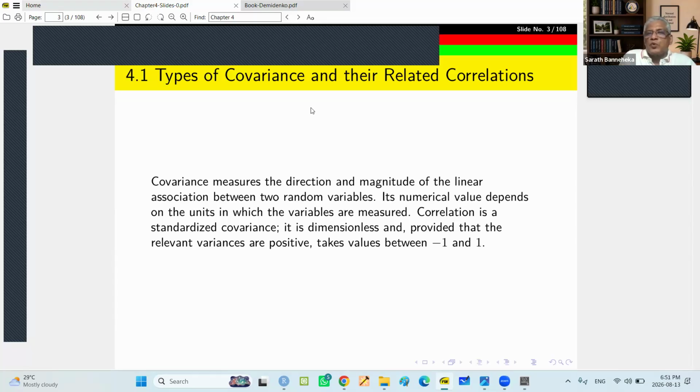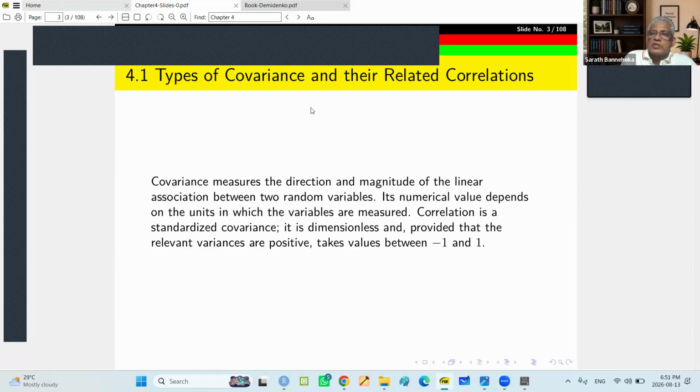So if you have two data sets with different units, it will be difficult for us to compare the covariances. As a solution to this problem, when you want to talk about the direction and magnitude of a linear association between two variables, we talk about the correlation instead of the covariance.